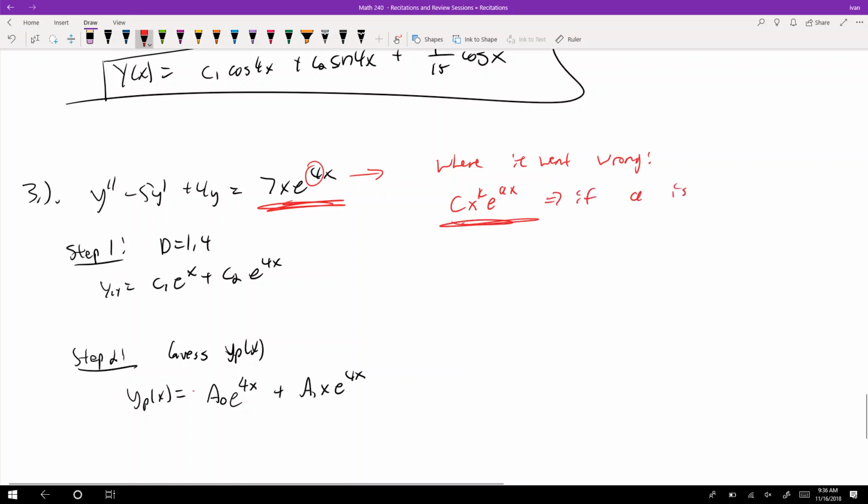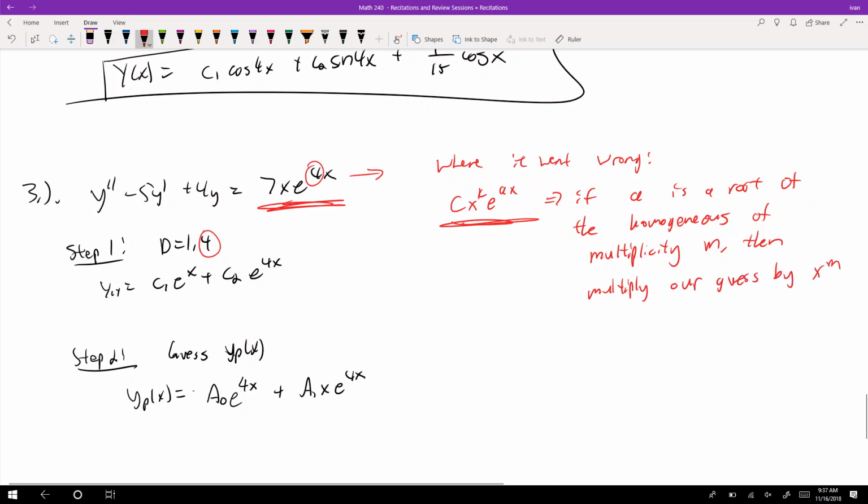If a is a root of the homogeneous, right, which it is, this 4 is a root of my homogeneous of multiplicity m, then we have to multiply our guess by x to the m.